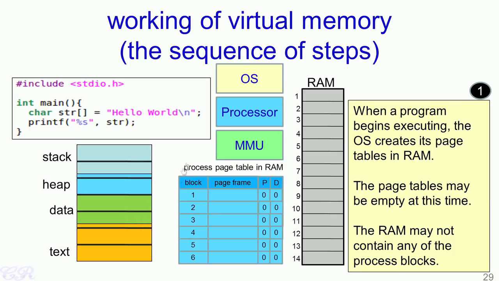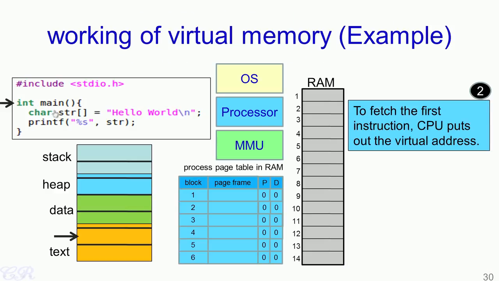Next, the operating system would transfer control into the main function of the program. This main function in the C code would point to a particular instruction in the virtual address space. This would result in the processor sending a virtual address corresponding to the main function.